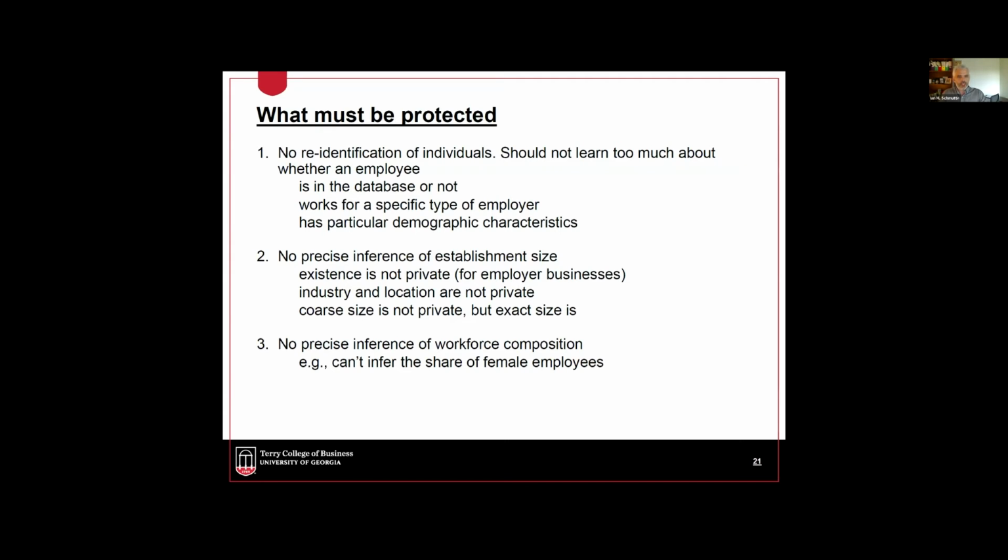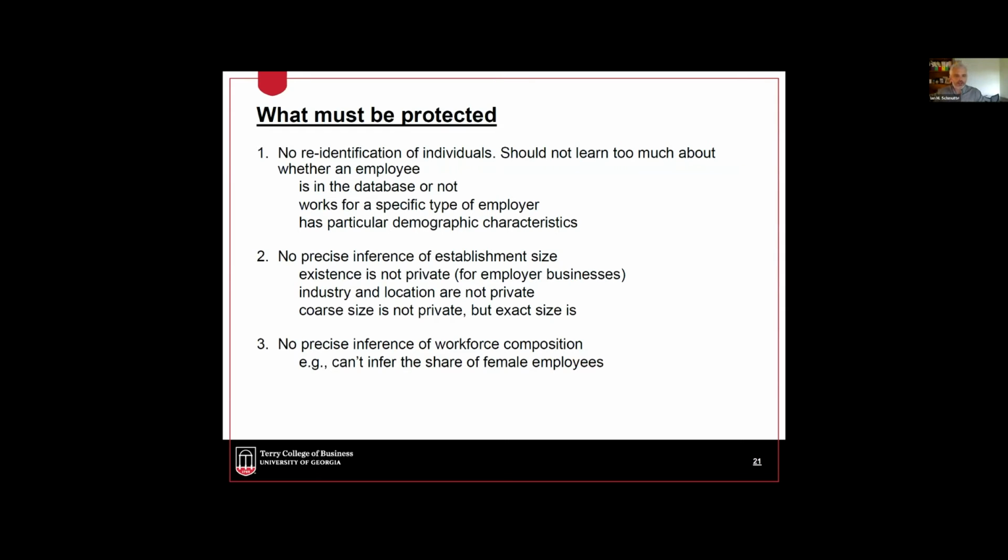The industry and location where that employer business operates are also not considered to be private. And finally, the coarse size is not private, just the exact size. So in other words, we need to protect against the ability of an adversary to learn about an exact establishment size, but it's okay if they learn some information about the fact that, say, the employer is large or small.